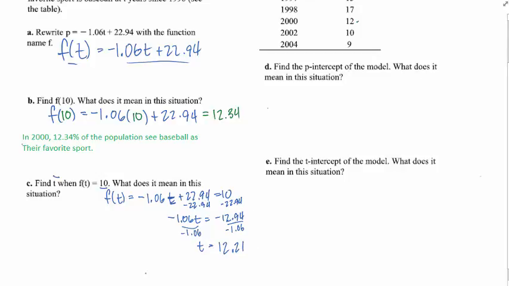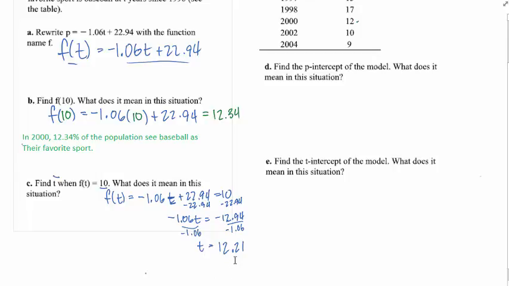So what does this mean? Remember, t is the time, so 12.21 refers to the time since 1990.